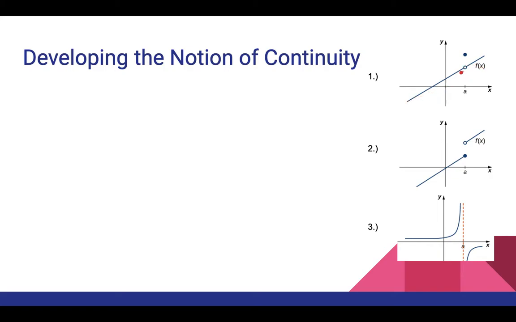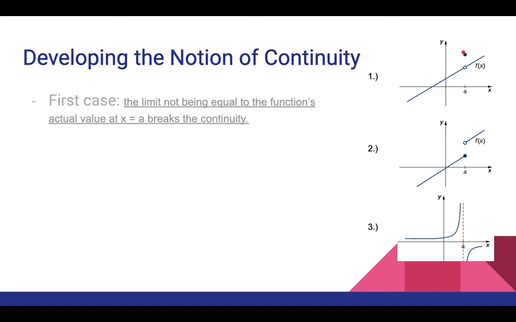We can see a break right here because we follow this nice flow of our curve and then we jump up. So in our first case, we can say that our function is not continuous because the limit as x approaches a, if we follow the trend of this curve right here, is not equal to the function's actual value at x equals a. So the limit not being equal to the function's actual value at x equals a breaks the continuity.